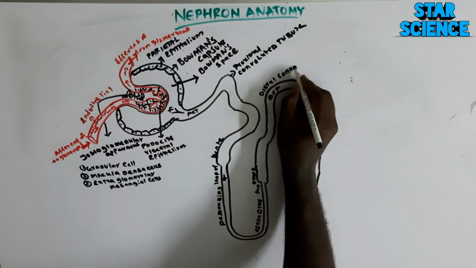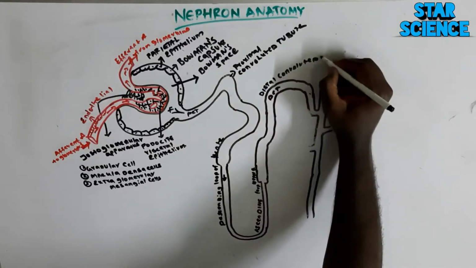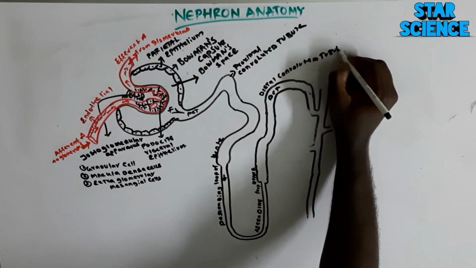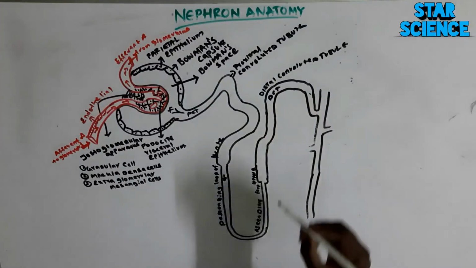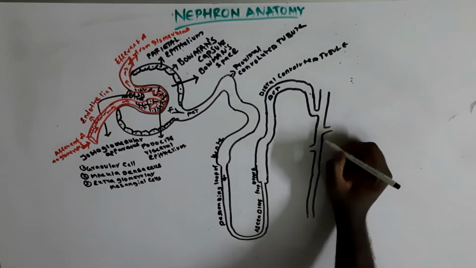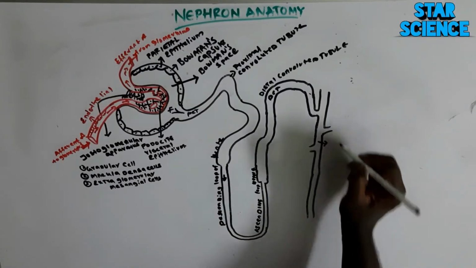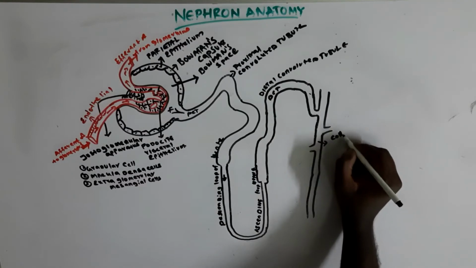After the distal convoluted tubules, it joins the collecting ducts. Everyone gets confused when it comes to the collecting ducts. We can see so many branches where I'm showing right now. Don't get confused, because we have 2.5 million nephrons.